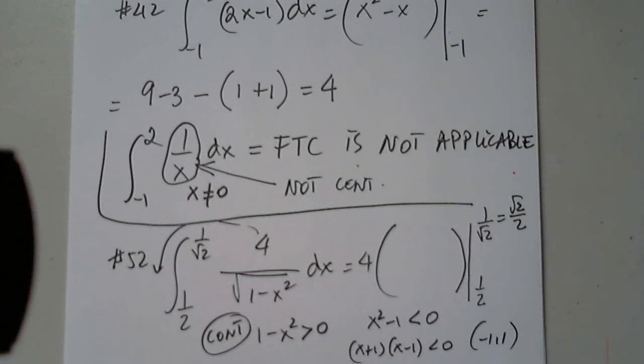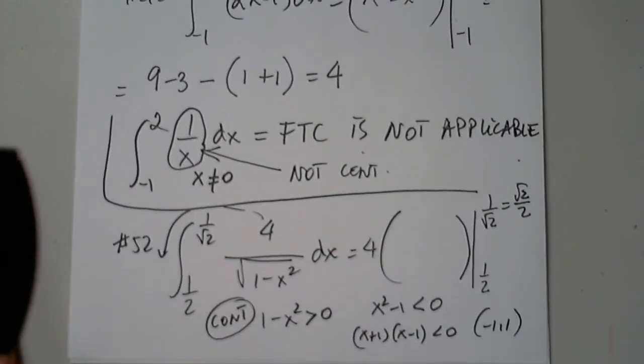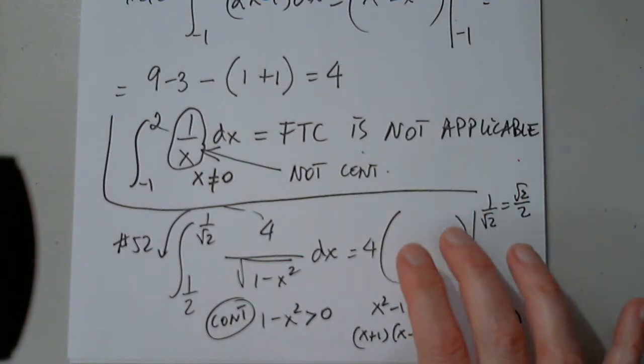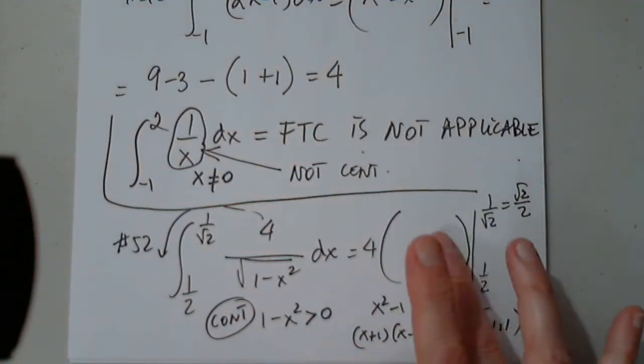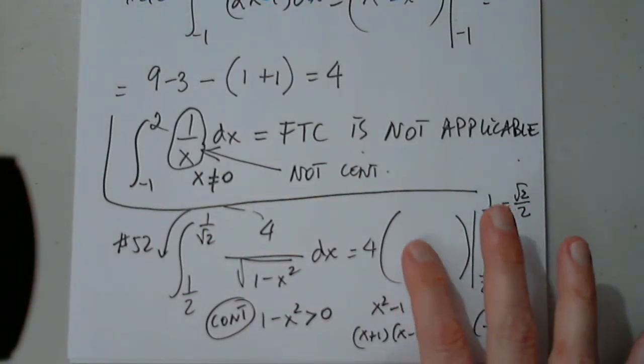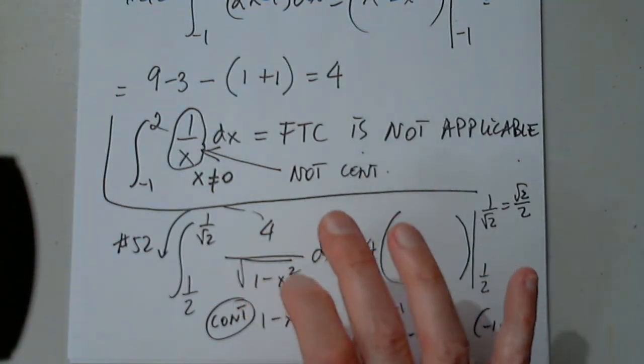Do we remember a function whose derivative is 1 over the square root of 1 minus x squared? A function whose derivative is 1 over the square root of 1 minus x squared.